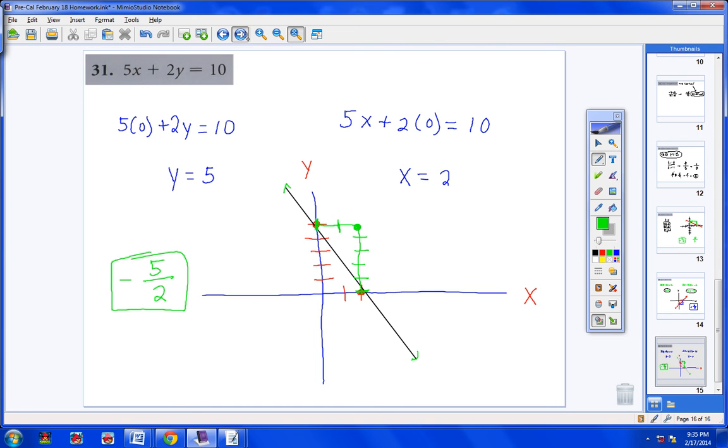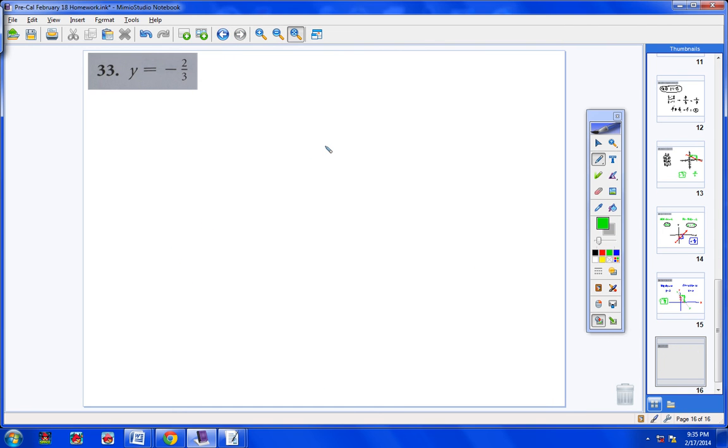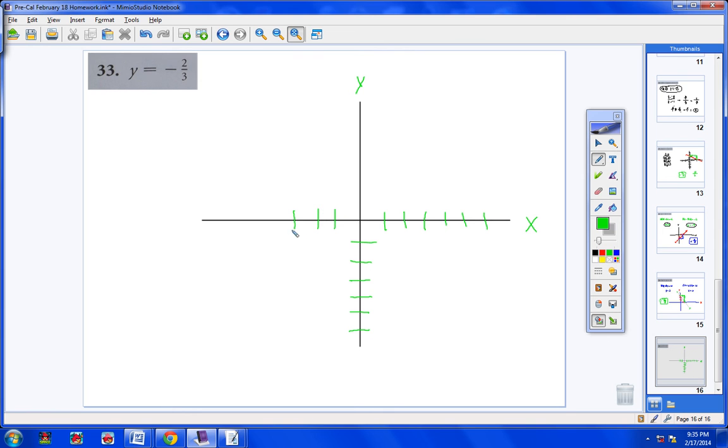And finally, the last problem, number 33. Okay, let's go ahead and graph this linear equation. This is my y-axis. This is my x-axis. And remember what I've taught you. Whenever you have just a y in your equation and no x, your line is going to be horizontal.